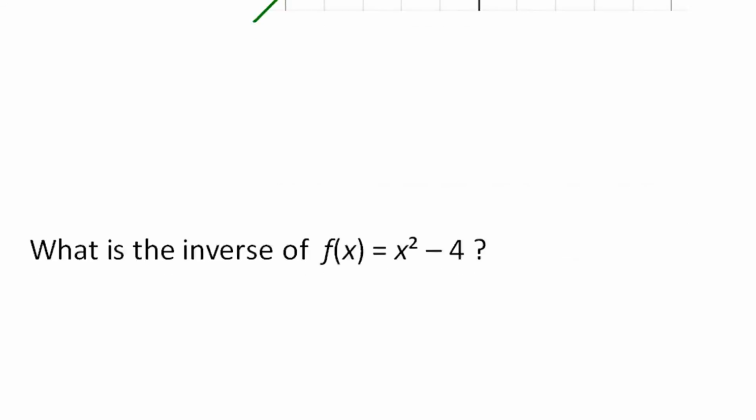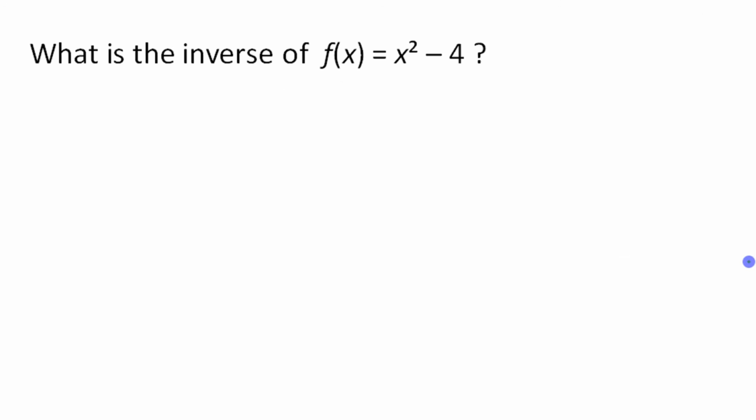Now, what about a slightly more complicated function, like f of x equals x squared minus 4. This is obviously a parabola with the squared in it. If you're finding the inverse of that, we can find it exactly how we did it before.